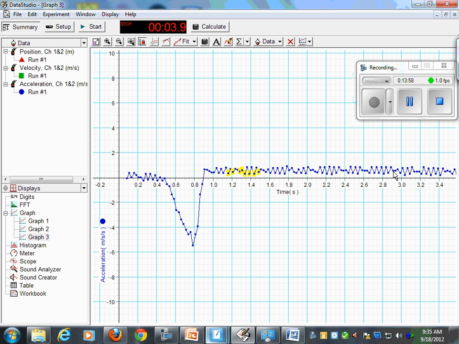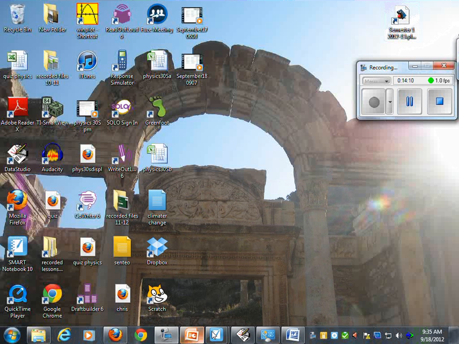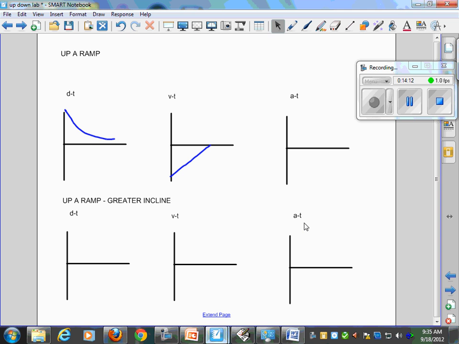Which way is it slowing down? This way. Which way is the acceleration? The gravity is pulling it this way, right? Positive acceleration, positive and flat. In fact, is that not just exactly the same as before? Positive slope, right? Positive constant slope, flat.